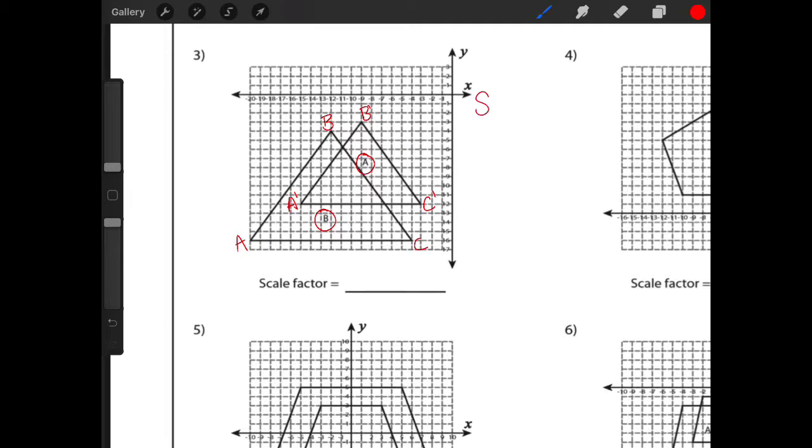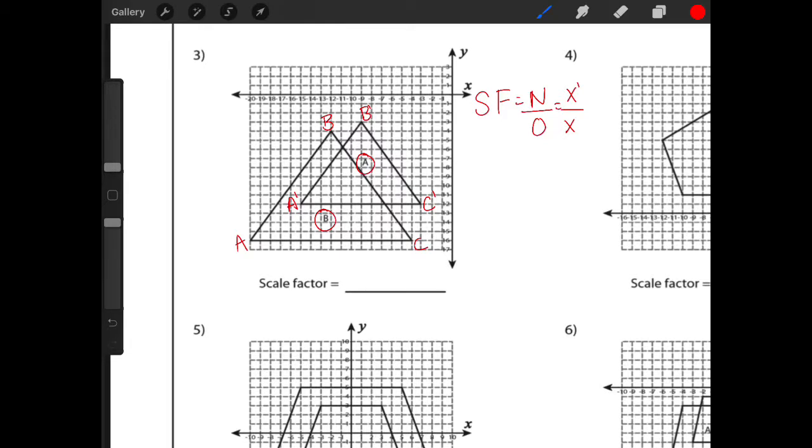So just so I don't forget, scale factor is that new image over the original. And this can even be talking about comparing my new X prime compared to my original X in a coordinate. And I'm going to show you what I mean by that.